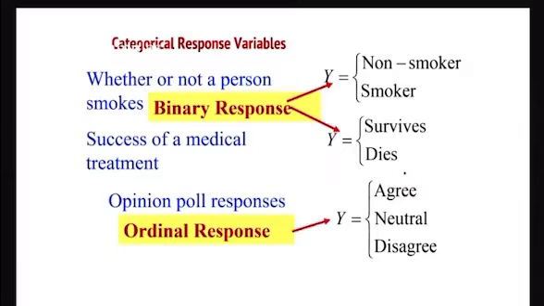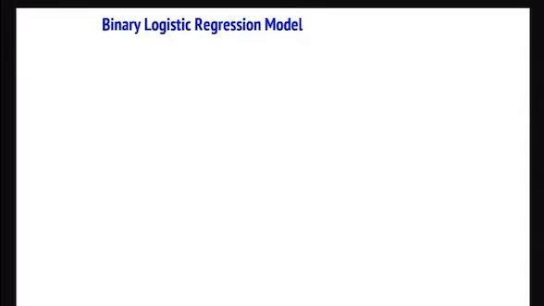Number one, the levels are more than two. Number two, they are ordered, in the sense that disagree is less than neutral, and neutral is less than agree. So this is ordered. Take a look at that.